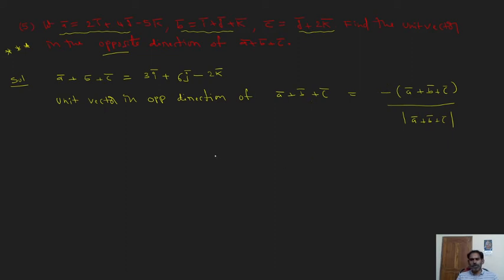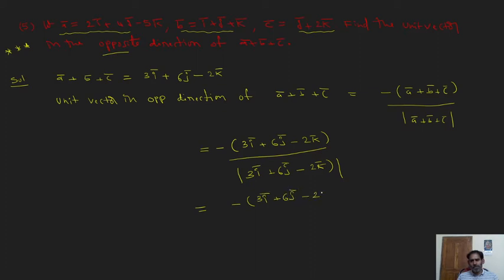Therefore finally minus of 3i bar plus 6j bar minus 2k bar divided by the magnitude of 3i bar plus 6j bar minus 2k bar.